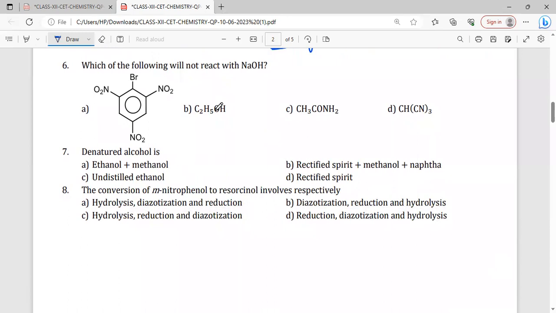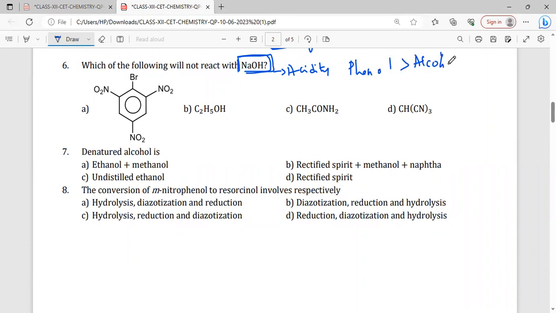Question number 6. Which of the following will not react with sodium hydroxide? This thing we have discussed in the concept of acidity of alcohols and phenols, right? So your phenol will react with sodium hydroxide and form sodium phenoxide very quickly because it is more acidic than alcohol.